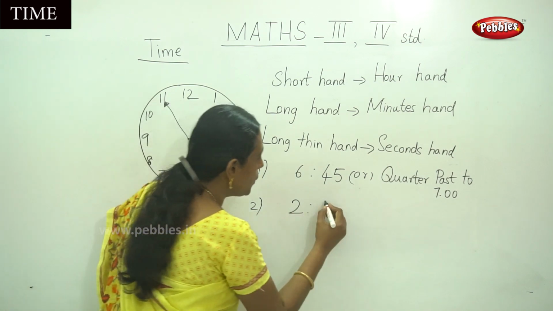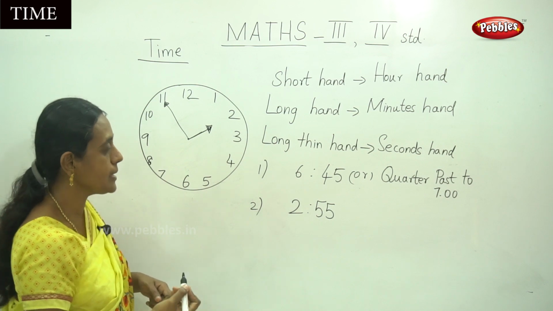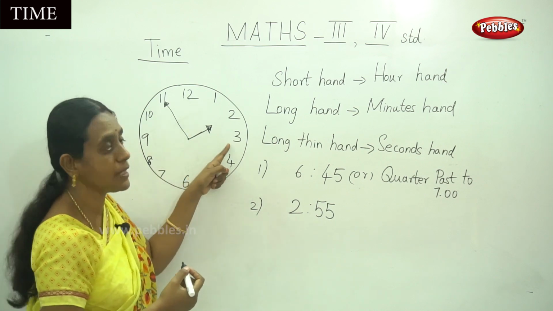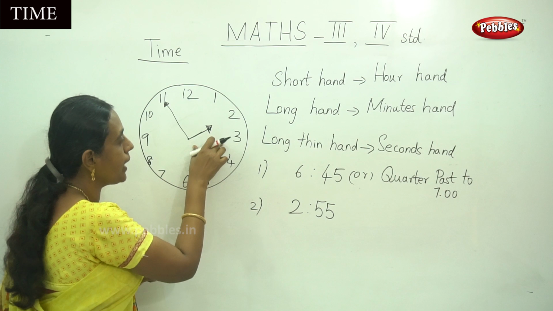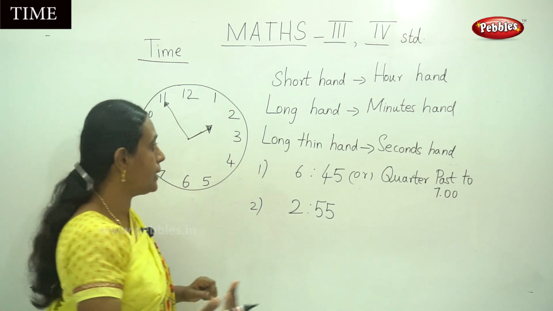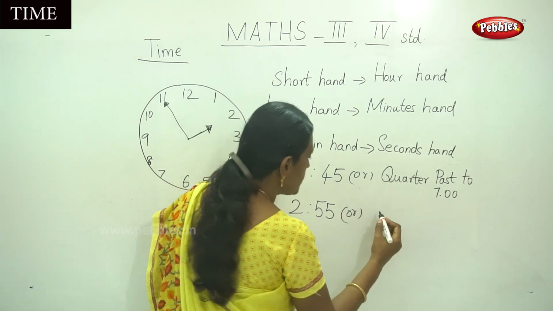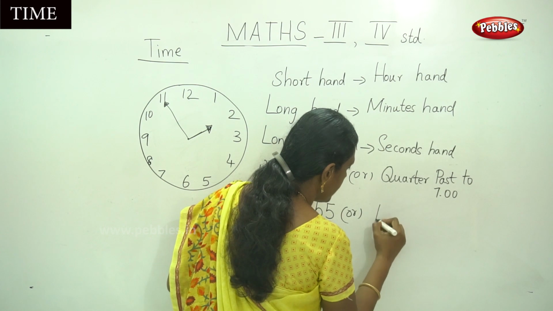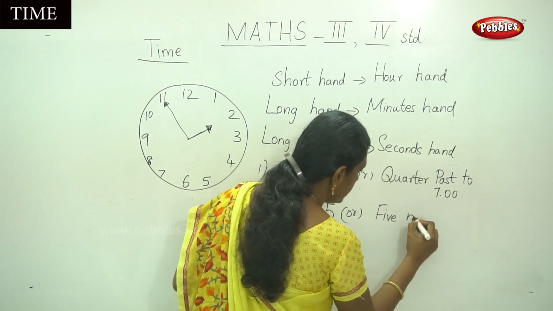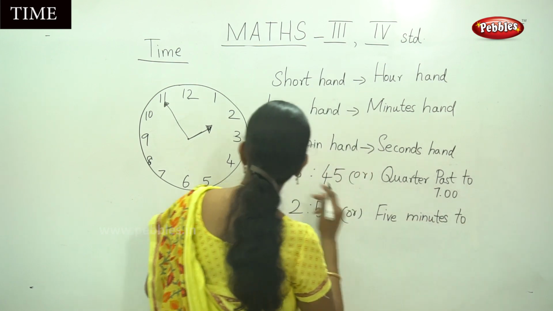So that is 2:55. Otherwise that is 5 minutes to 3. The next full hour is 3 o'clock. So 5 minutes to 3. Otherwise it should be written as 5 minutes to 3.